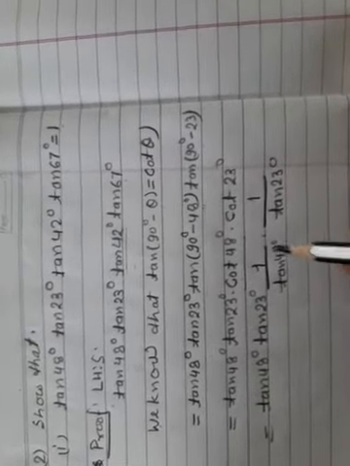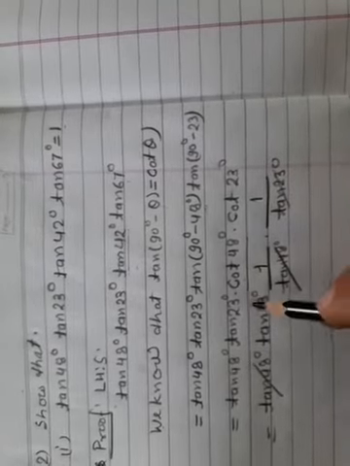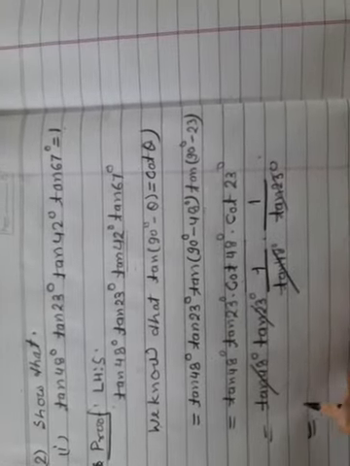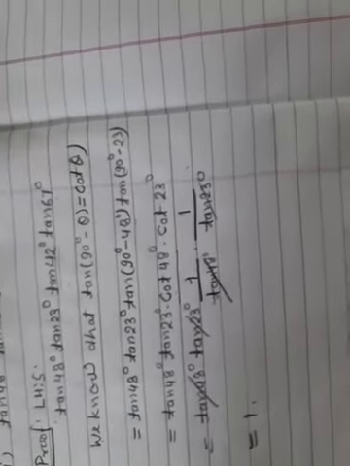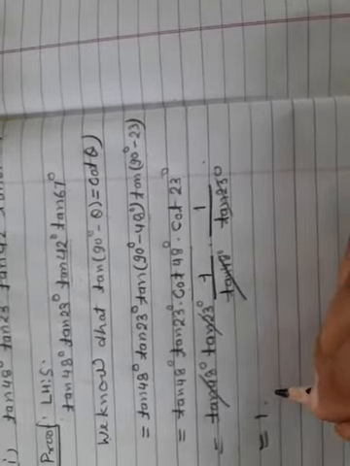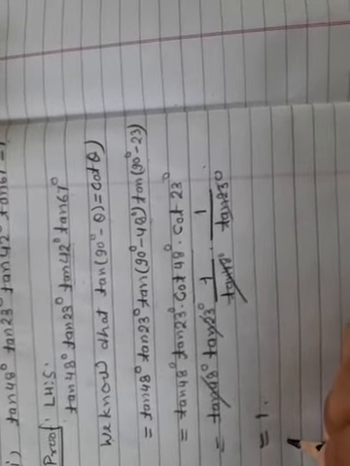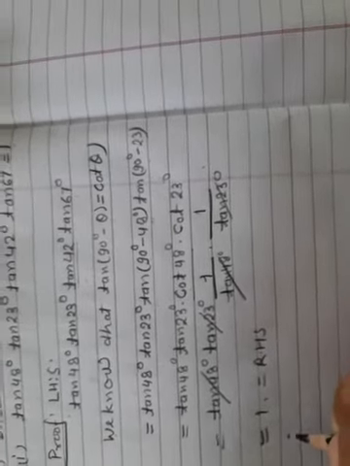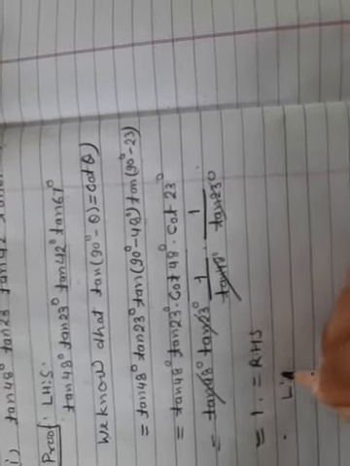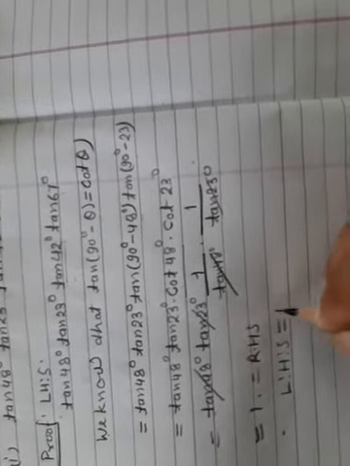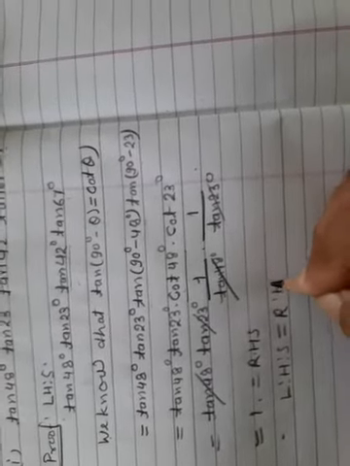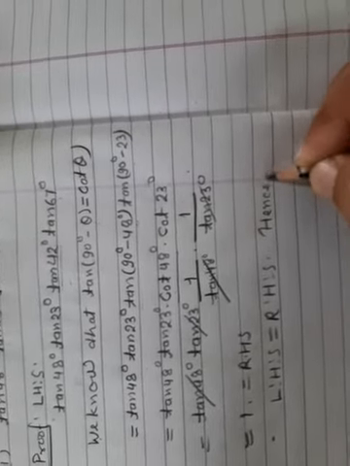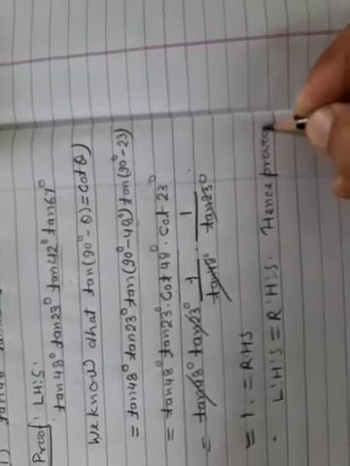This portion cancels with this portion, and this with this. We only get 1. Hence proved. Clear? Left hand side is equal to right hand side.